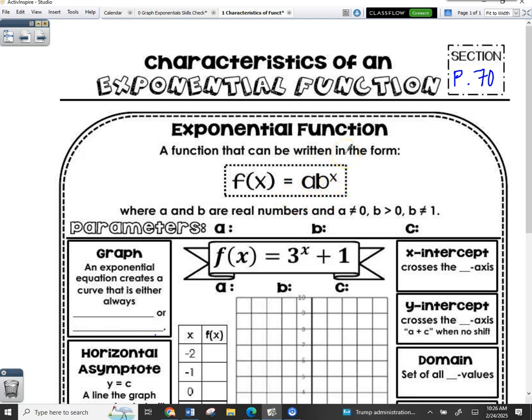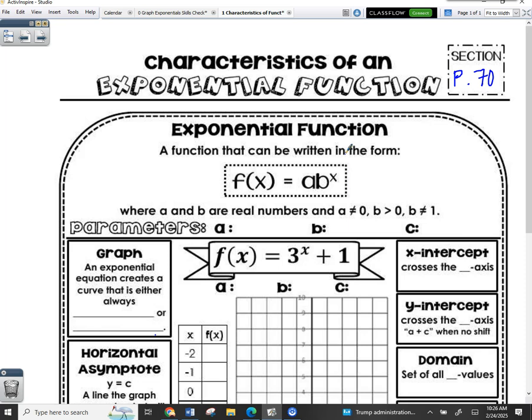Can you open your notebook to the formula sheet? I don't know if it's on there or not. It's the bright pink, page 3, 2 or 3. Let me see. It is on there.